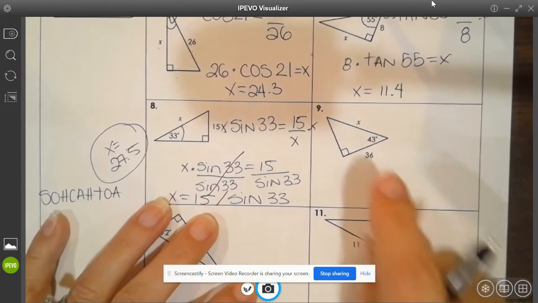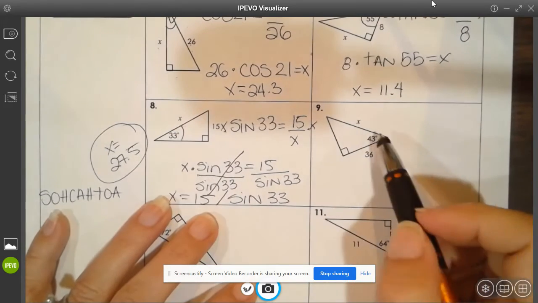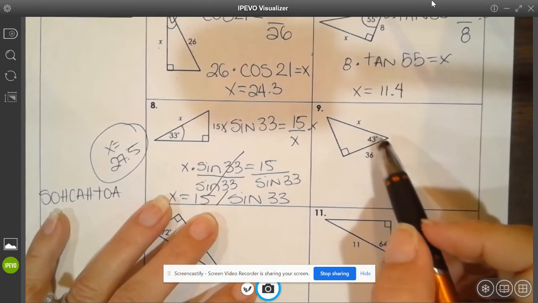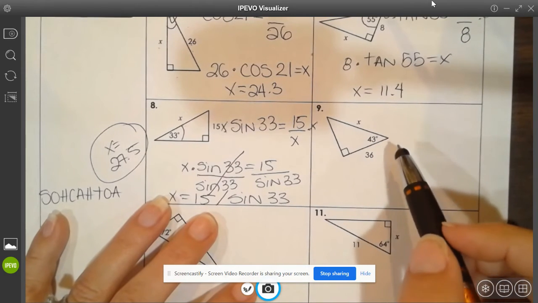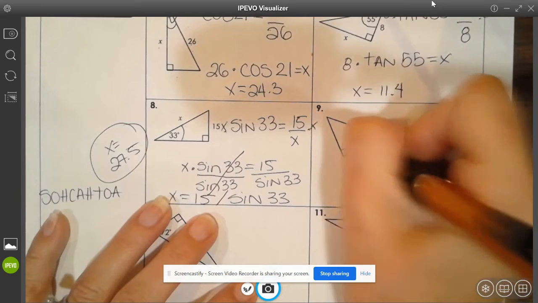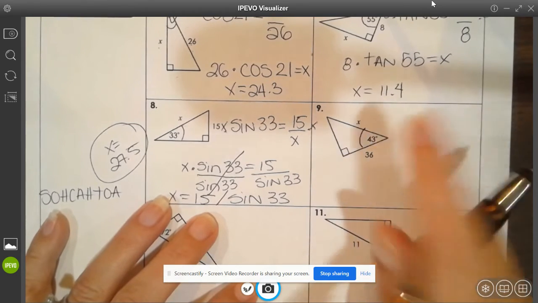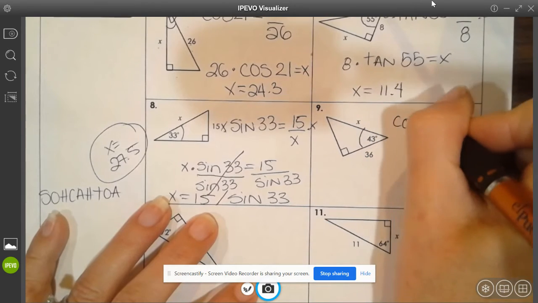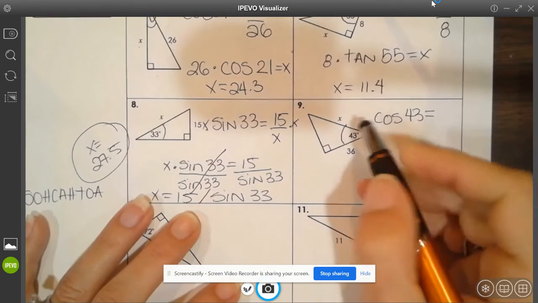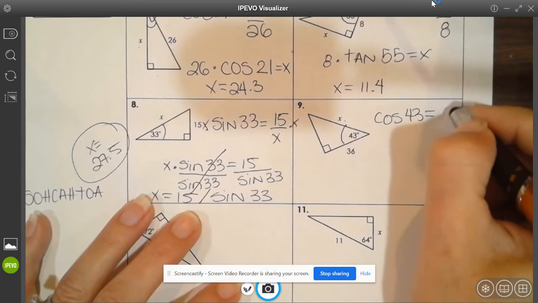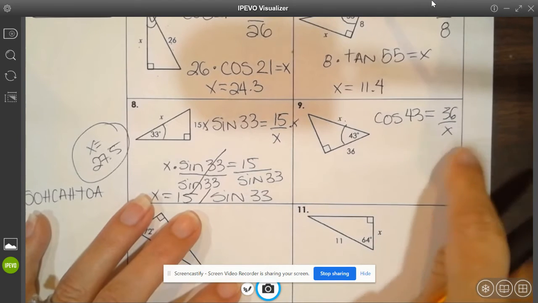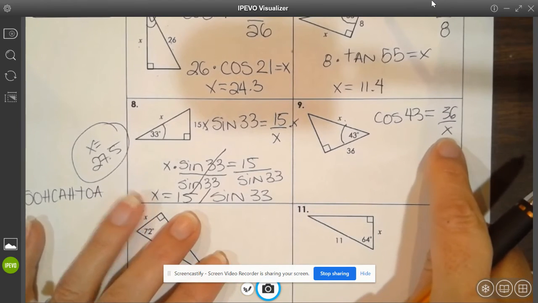All right, let's do this one. So now we know that x is the hypotenuse. I know I'm going to be dividing because it's probably one of the sine or cosine. So let's see. It's definitely cosine because I don't have anything on the opposite side. So it's cosine of 43 equals adjacent over hypotenuse, 36 over x. If x is down below, we said we divide.